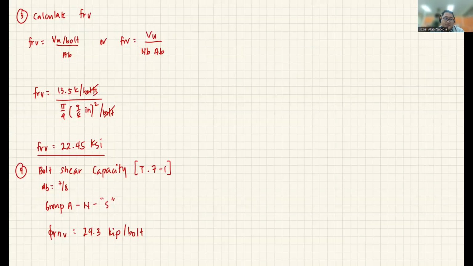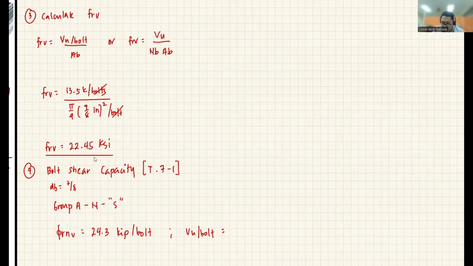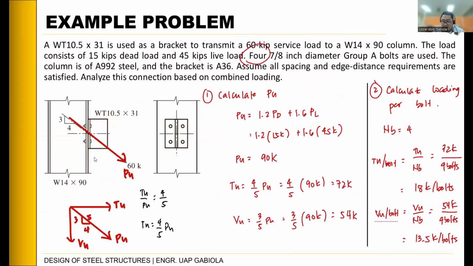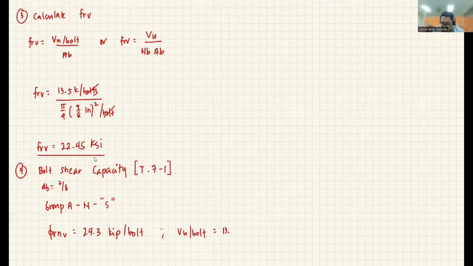Of course, dun sa applied natin. So, meron tayong applied na VU per bolt, yung shear natin per bolt. Ang value natin ng shear per bolt is 13.5 kip per bolt. So, anong masasabi niyo ngayon dito? Ito yung ating capacity ng bolt natin. Ito yung applied sa kanya. So, anong magiging conclusion natin sa kanya?